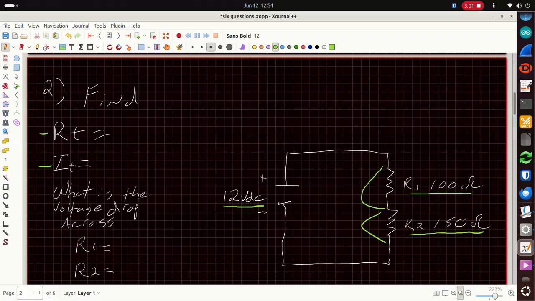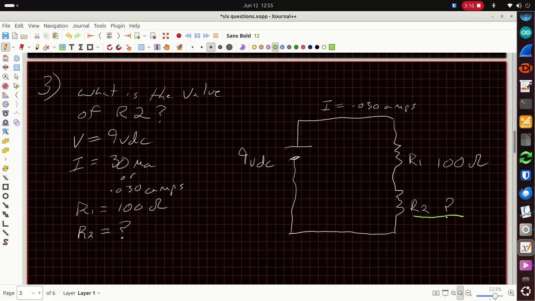Pause it. Make sure you write it all down. And we're on to question 3. What is the value of R2? So we have a 9 volts DC circuit, so V equals 9 volts. We know that the current is 30 milliamps, or 0.030 amps.